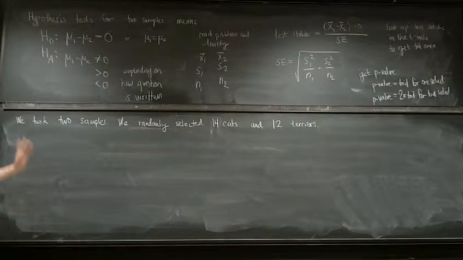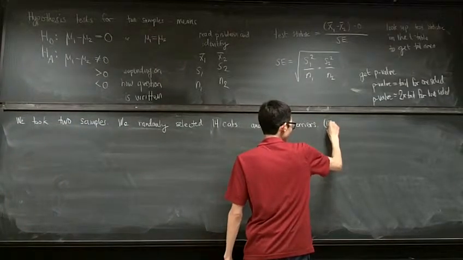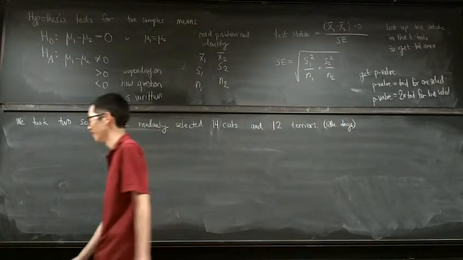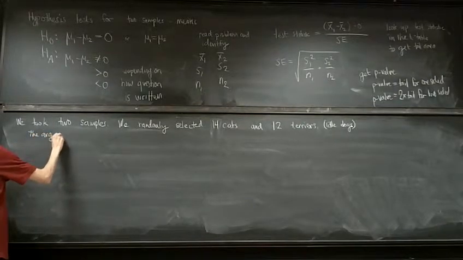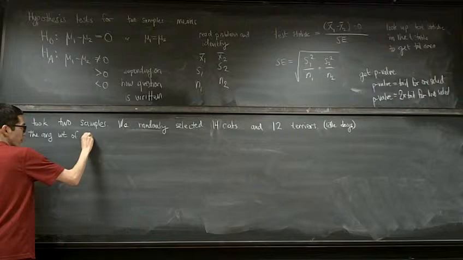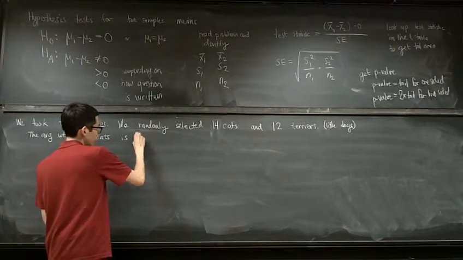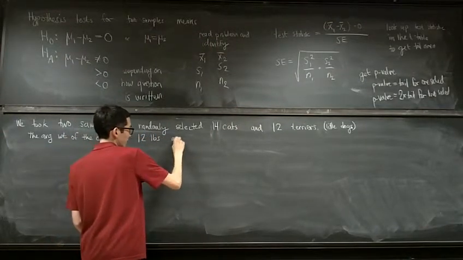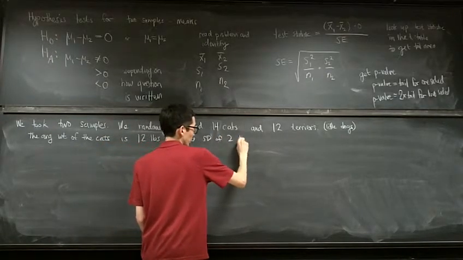We took two samples, we randomly selected 14 cats and 12 terriers, which are a type of dog if you're not sure. These are little dogs. All right, okay. We'll say the average weight of the cats is 12 pounds and has a standard deviation of 2 pounds.